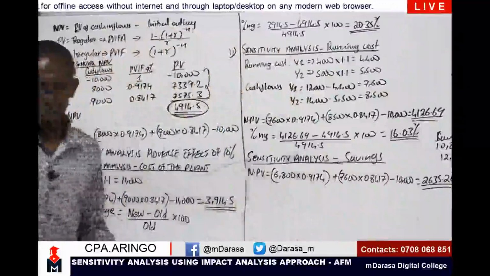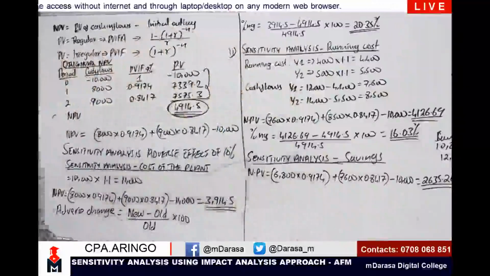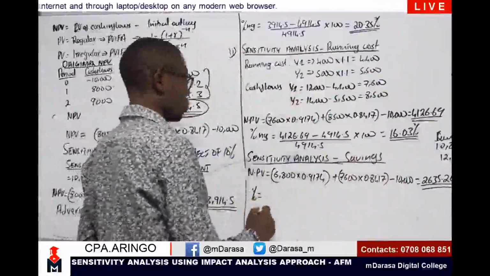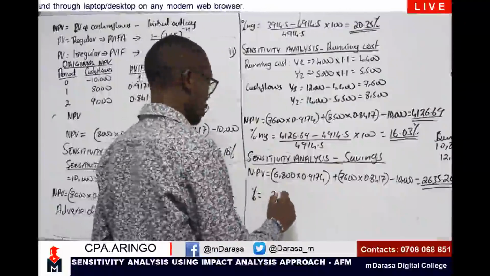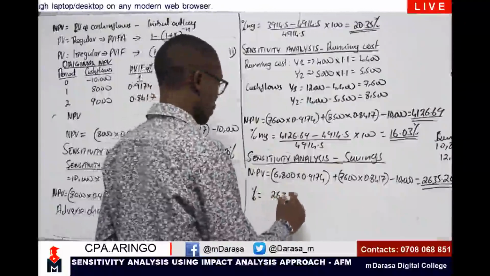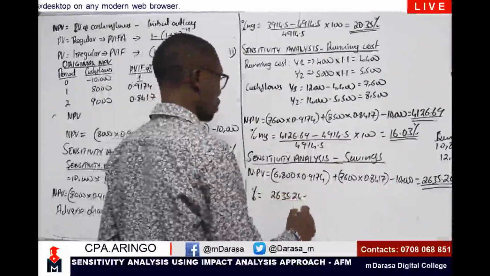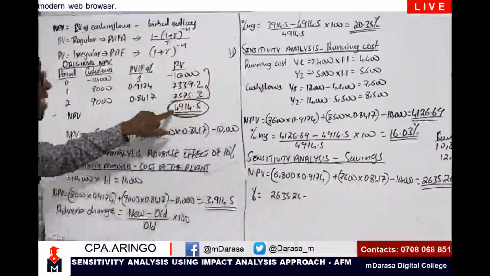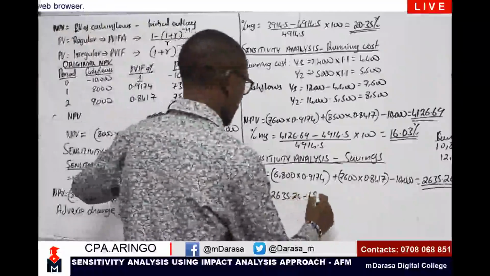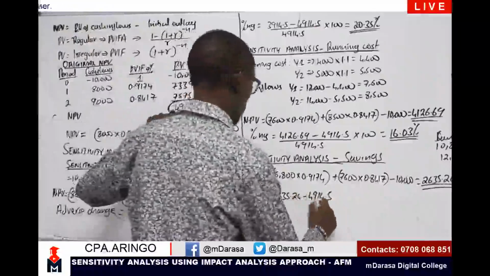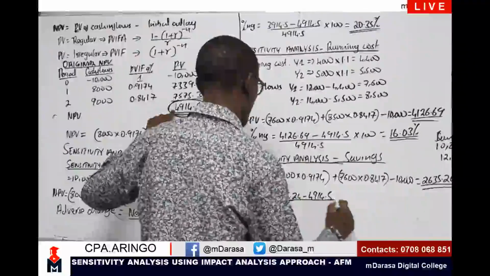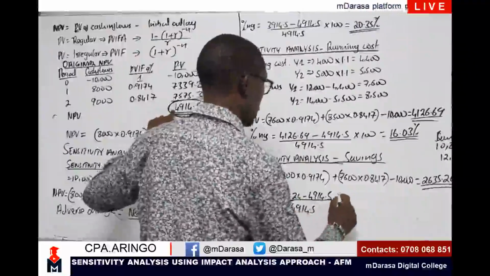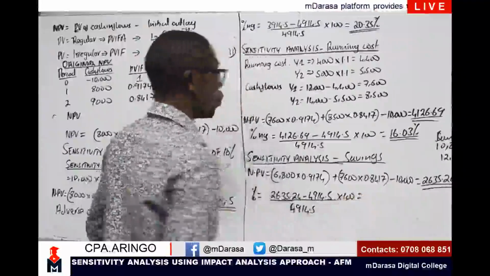So having our new NPV, what will be our adverse change? Adverse change, therefore, I should be talking of 2635.24. We less our original NPV, which we had here still, 4914.5. We are going to divide by our old 4914.5 times 100.